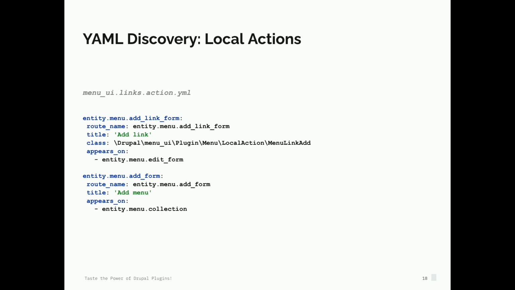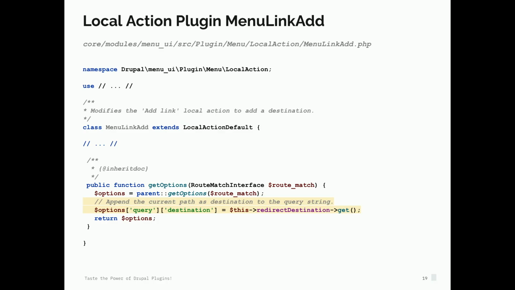So this menu link add, and I just want to highlight this because it's a fun example of the kind of thing you could get out of customizing the class. It's a very simple code change, but very handy.